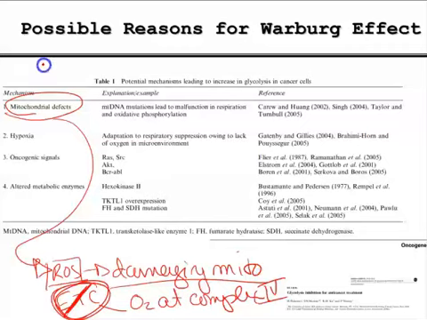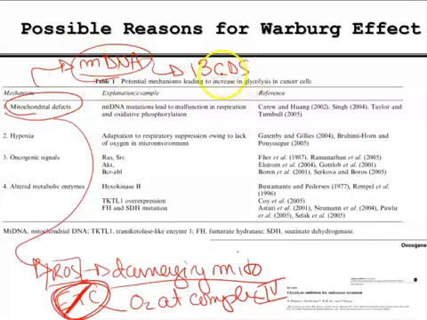mitochondria. Consider also that the mitochondrial genome, right, mitochondrial DNA contains 13 coding sequences for the protein chains which form the functional complexes of the electron transport chain. So not only are we not running the electron transport chain, but we can have also decreased ability to produce those complexes.